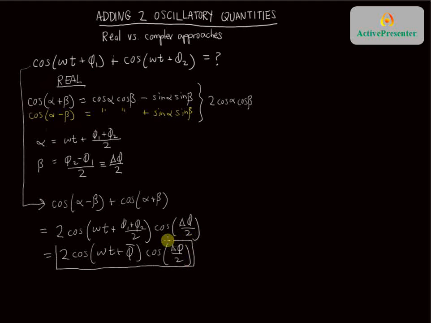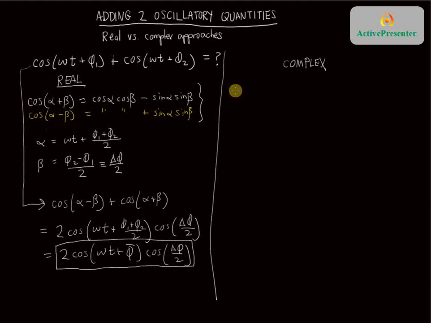And now we want to ask ourselves, can we get that more easily using complex numbers? Let's see if we can do that. So that was the real way. Here's the complex way. This time, we take that cosine of omega t plus phi 1 and we rewrite it.